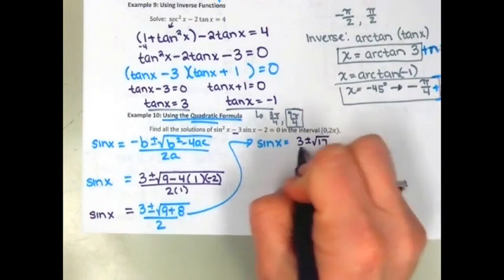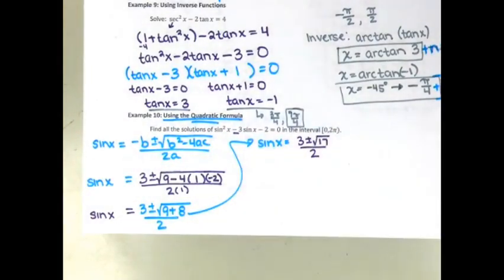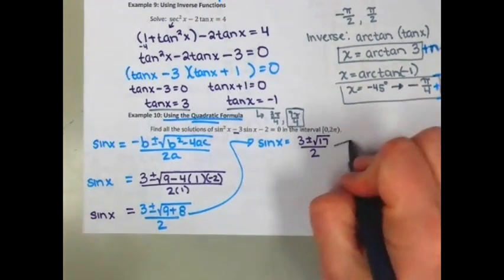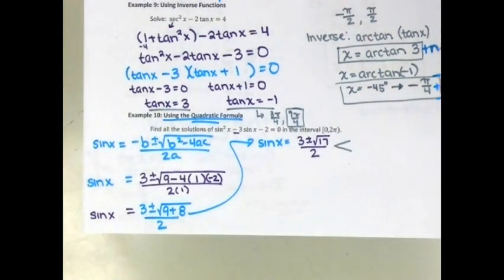Square root of 17 over 2. Can I simplify the square root of 17? No. All right. So let's go ahead and tell me in decimal form, what is 3 plus the square root of 17 over 2? And 3 minus the square root of 17 over 2.